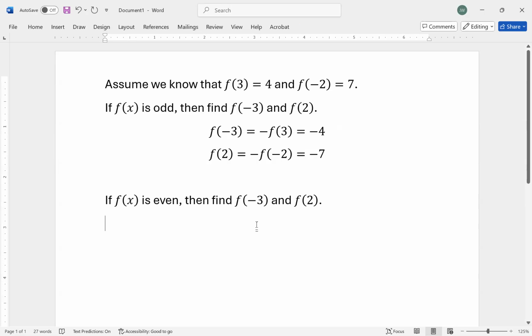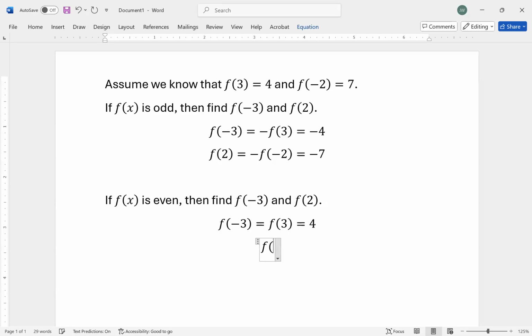On the other hand, if f of x is even, then I know that if I plug in 3, I get the exact same value out as if I plug in -3. So f of -3 is going to be the same as f of +3, which is 4.